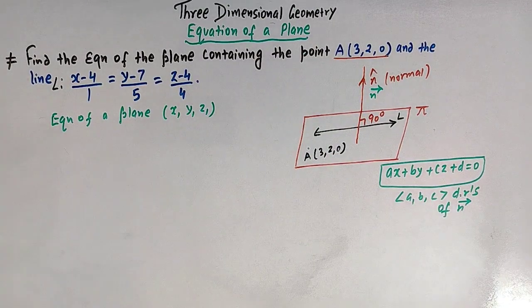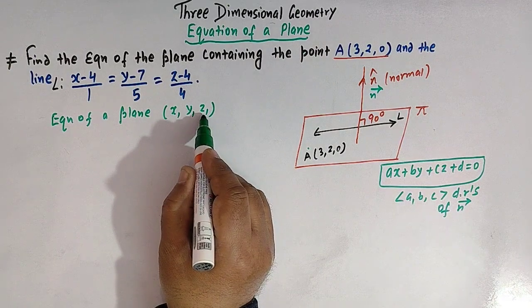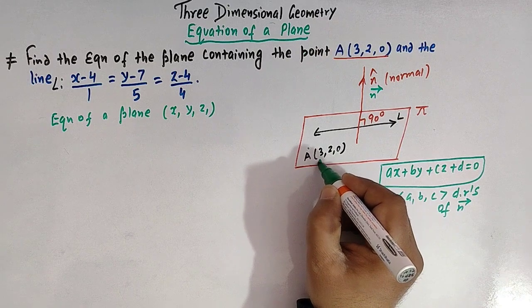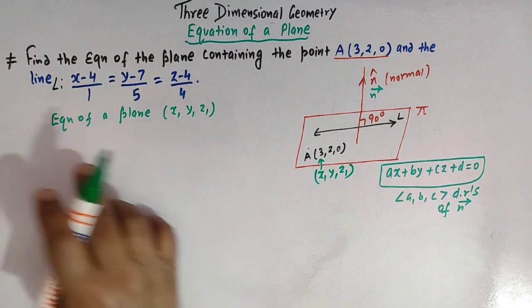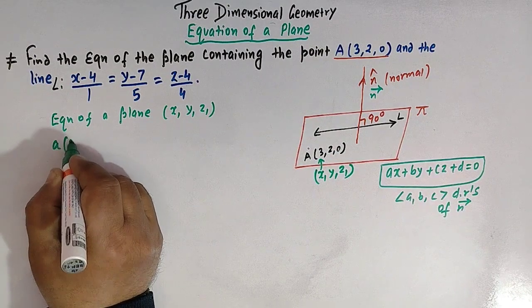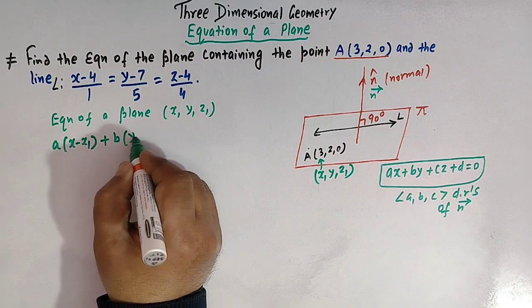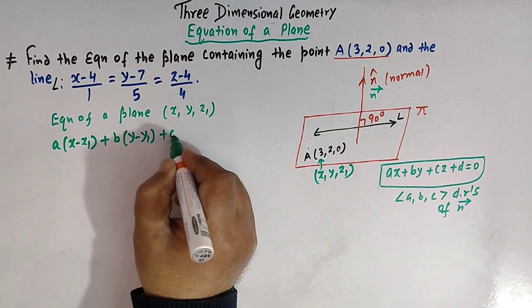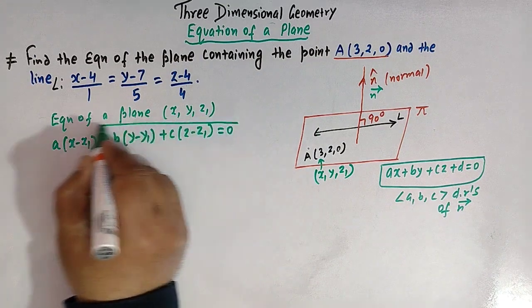So the equation of a plane passing through one point, say (x1, y1, z1), here we can take this point as x1, y1 and z1. So the equation of such a plane is always given by a(x − x1) + b(y − y1) + c(z − z1) = 0.